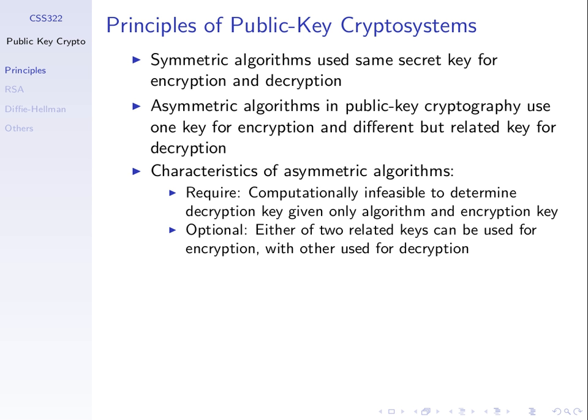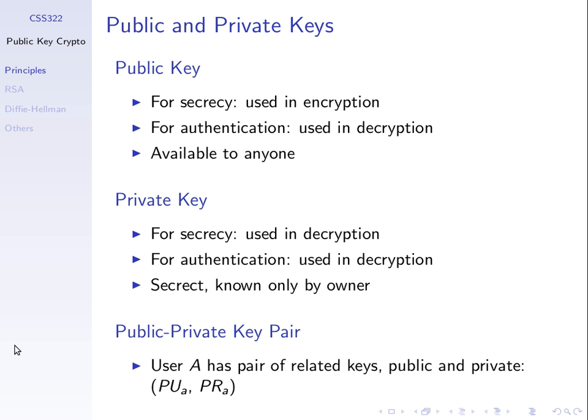We'll see an example of these in a moment. So some notation. We have two keys now, public and private. So we think of a pair of keys. Public key, in many algorithms, if we want to provide confidentiality or secrecy, we use that in encryption.